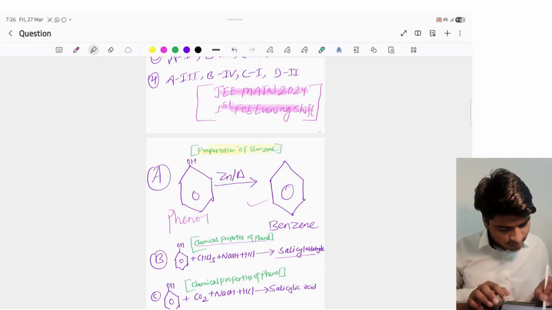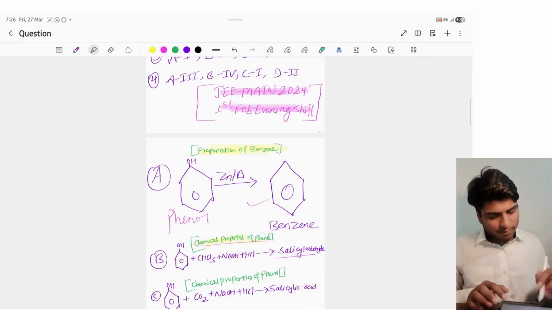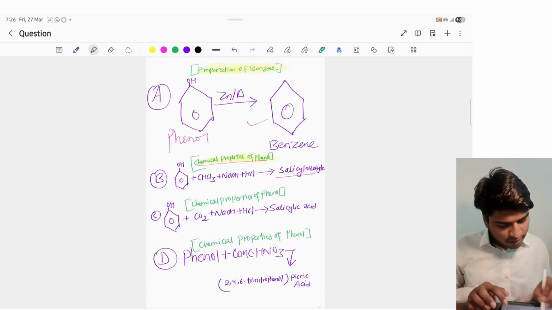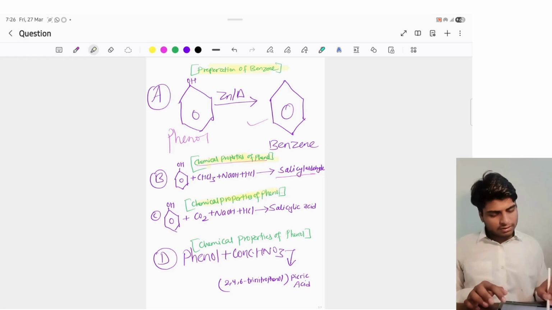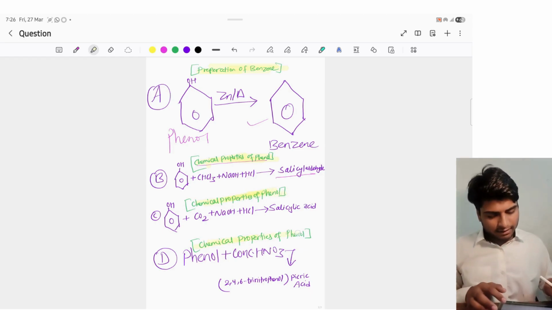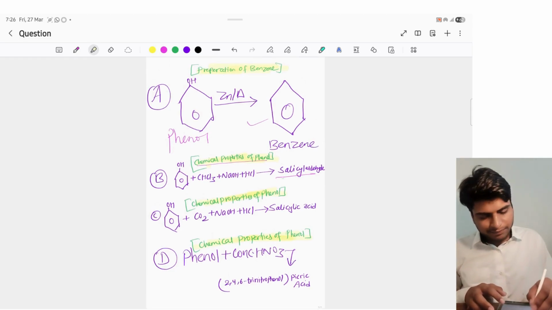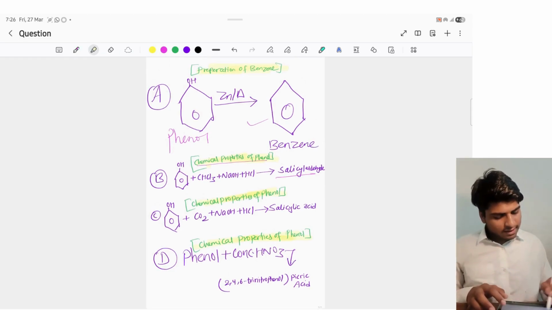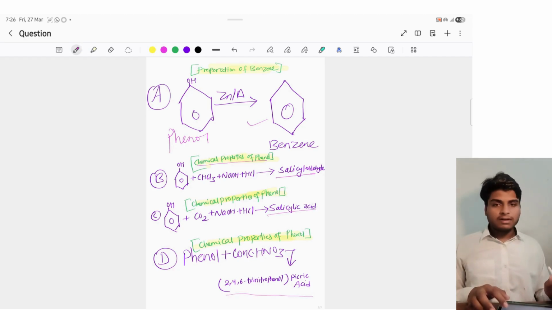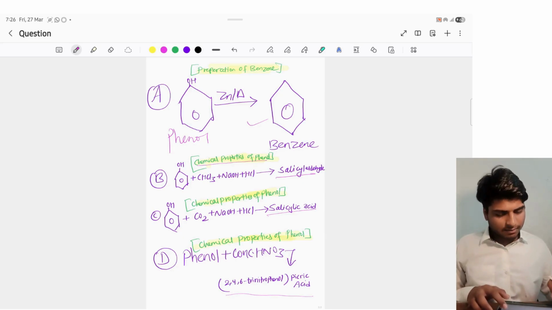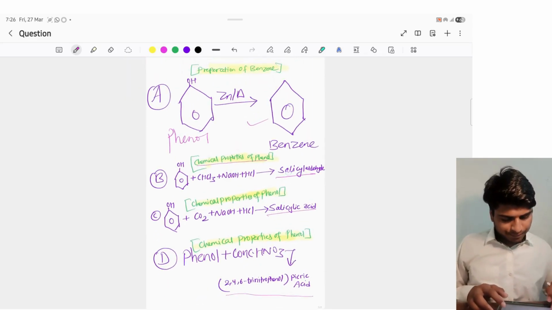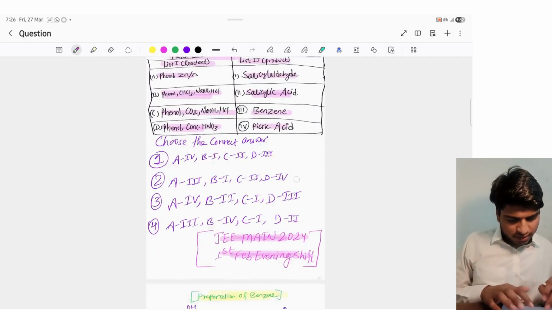This reaction we read in the chemical properties of phenol, and this reaction was also read in the chemical properties of phenol. By this we will get salicylic acid and 2,4,6-trinitrophenol, that is picric acid. With this, which one is the correct answer?